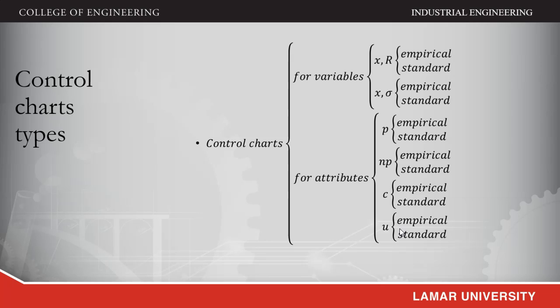The P and NP charts make the assumption of a binomial distribution. The C and U charts make the assumption of a Poisson process in which we count the number of defects per event. And that's why the formulas are slightly different.